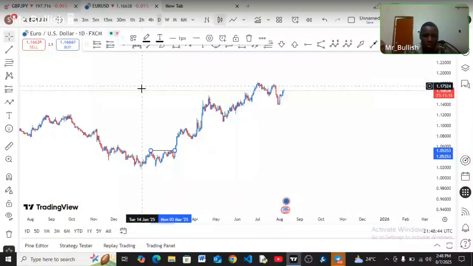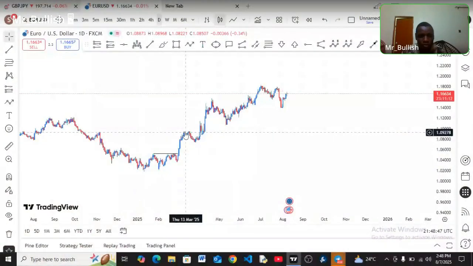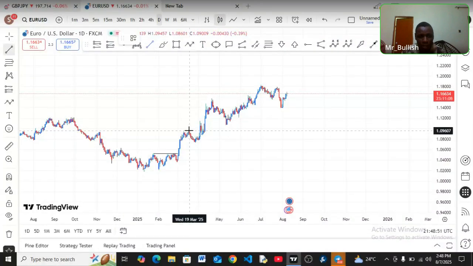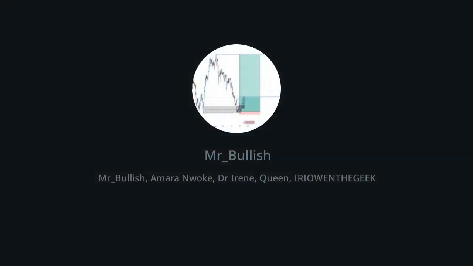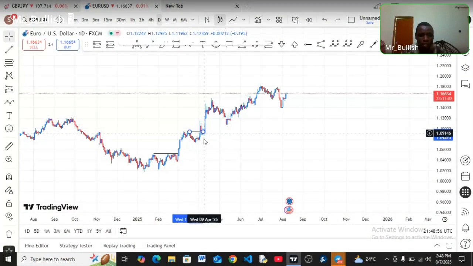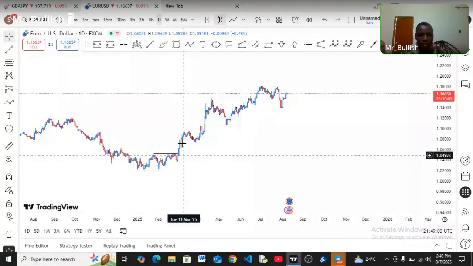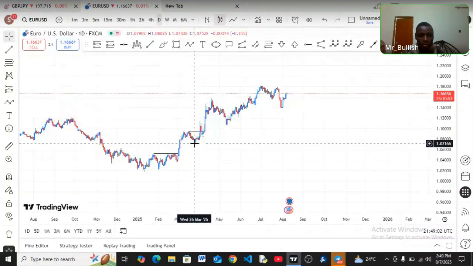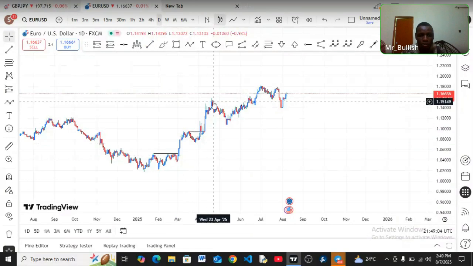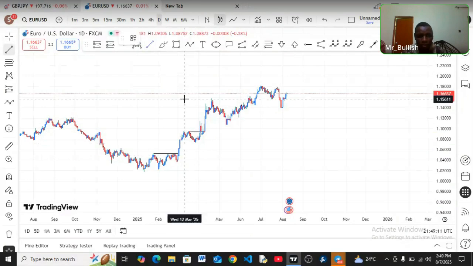Then this particular place is a break of structure. Now this is the external move. Don't forget, break of structure. Then what happened? From here, the market came up here, and had a retracement to this point, then retraced down to this point. So let's see. I will leave an assignment from here.